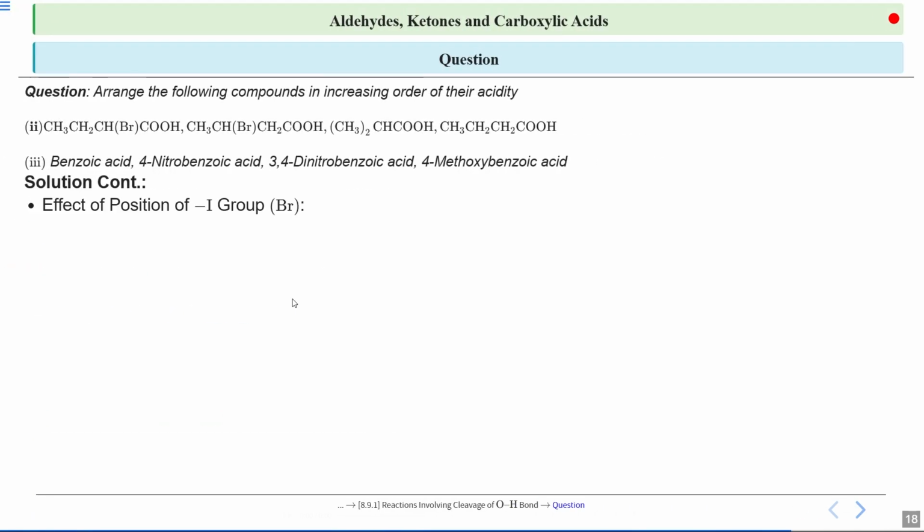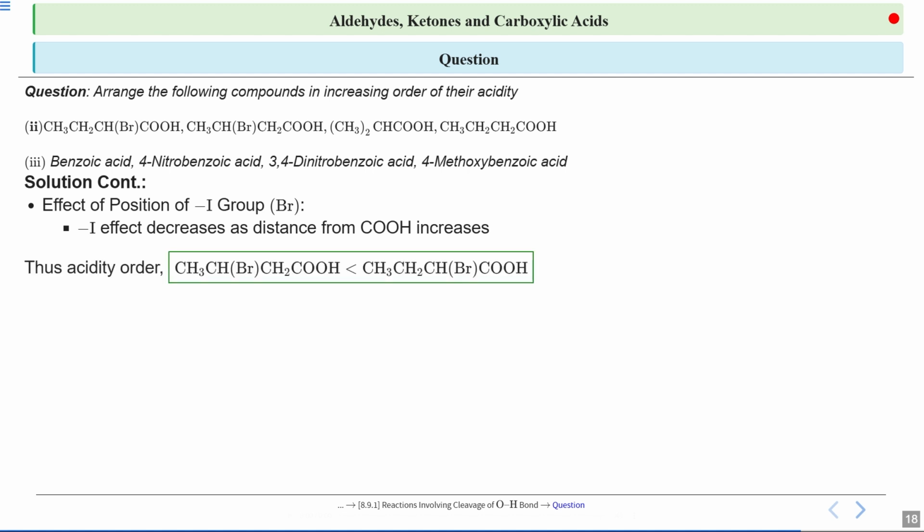Now if we see the effects of position on the minus I group, here there is a difference in the position of the Br. The minus I effect decreases as the distance from the carboxylic acid increases. That means the closer the bromine is to the COOH group, the stronger will be its effect on the acidity.